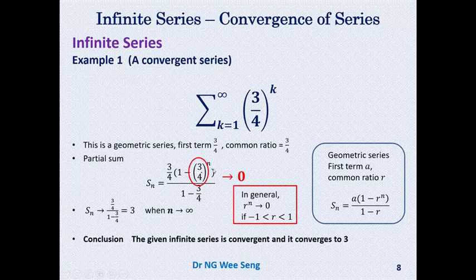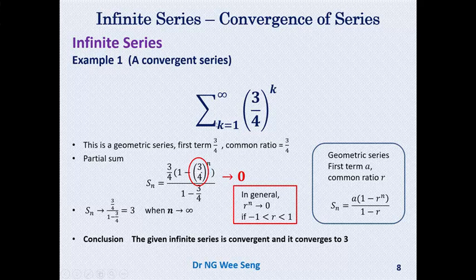It's obvious that (3/4)^n will go to 0 when n goes to infinity. In fact, we have a more general result given in the box. For any r strictly between -1 and 1, r^n will converge to 0. So the outcome is Sn will converge to (3/4) divided by (1 minus 3/4), which is equal to 3.